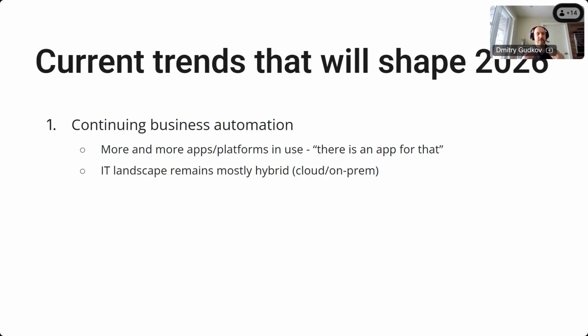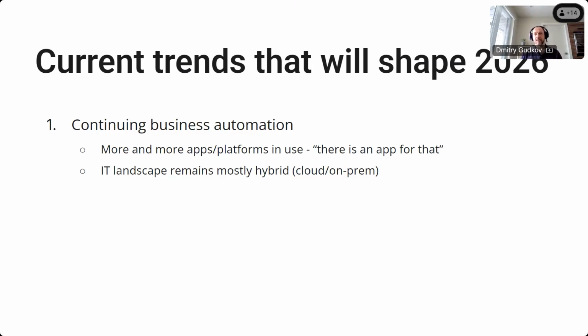Despite the wide propagation of cloud apps, and the cloud infrastructure being extremely well developed nowadays, with lots of SaaS applications and platforms, we can see that the IT landscape in organizations remains mostly hybrid. It's rare to see an organization, if it even exists, where absolutely all applications and systems are in the cloud.